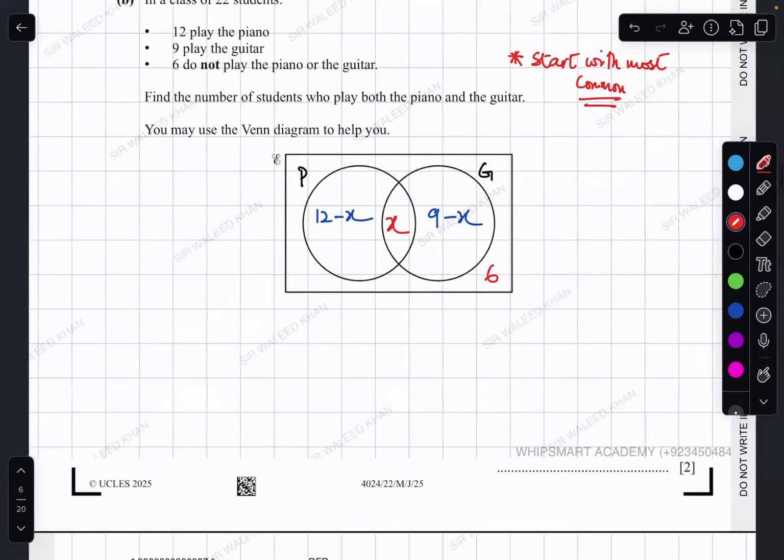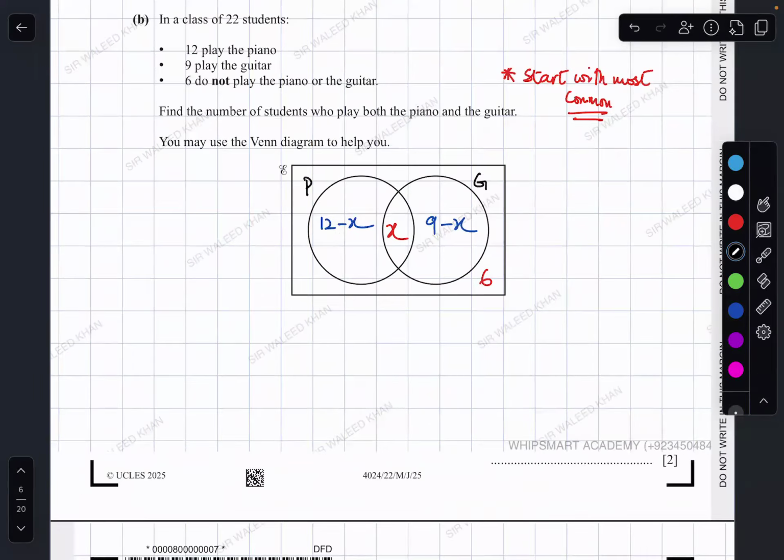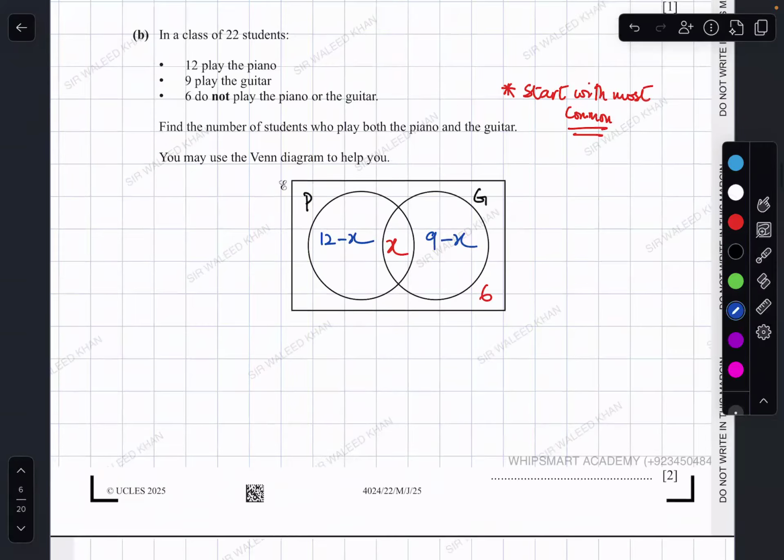Find the number of students who play both the piano and the guitar. So I'm going to add all these and put them equal to 22. The total is already given to you. So 12 minus x plus x plus 9 minus x plus 6 is equal to 22. Open the bracket, the x and minus x cancel out. Okay, let me write it so that you don't get confused.